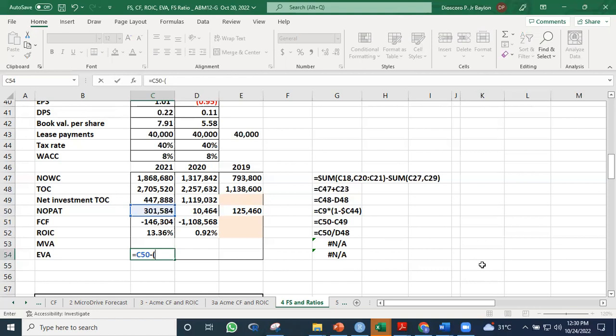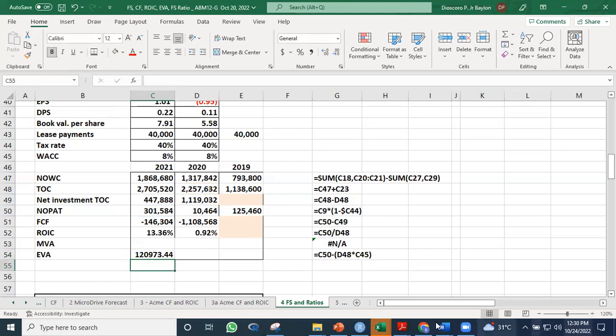Magkano yung capital binigay? 2527, di ba? Tapos magkano ba yung cost ng capital? Yung WACC is given at 8%. Okay? So that's how we get the economic value added. Magkano yung operating profit na generate? Tapos, tingnan natin kung yung to generate that, yung ginamit na capital sa simula, 2257, na ang cost ng 8%, okay, more than enough ba?